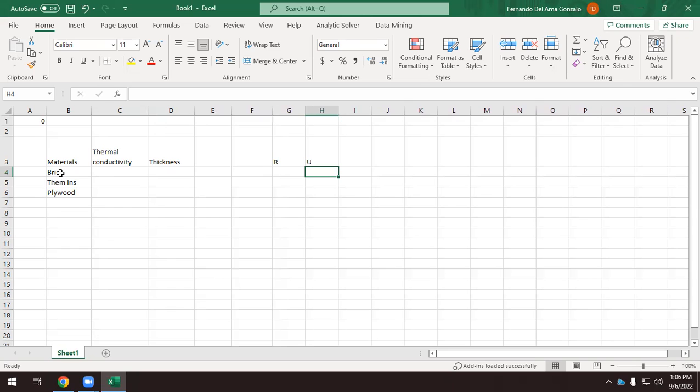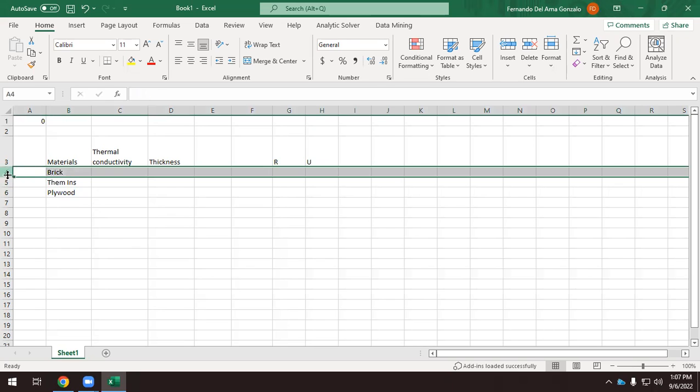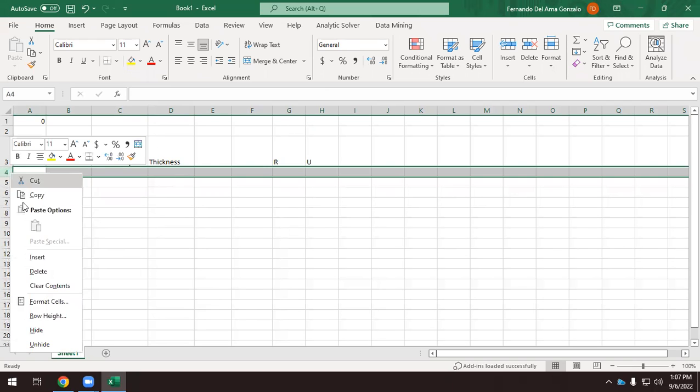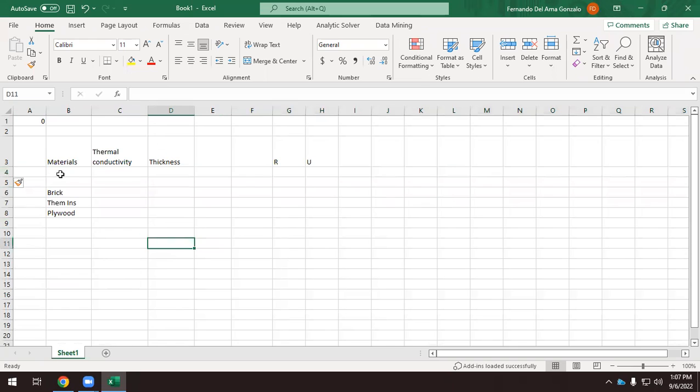Well, in materials, we have brick, we have thermal insulation, we have plywood, but first I'm going to insert a couple of rows here, and I want this to be exterior because the order is important, and this has to be the interior.